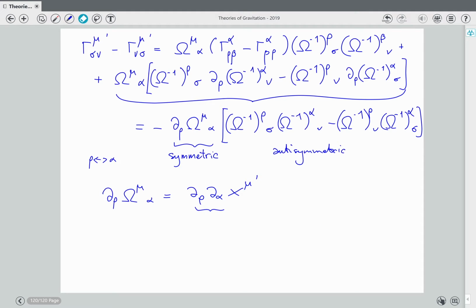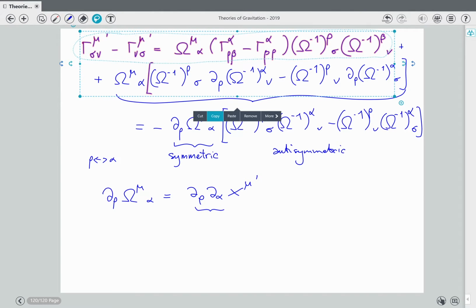So that disappears, and the torsion transforms correctly. So at the end you have just this.